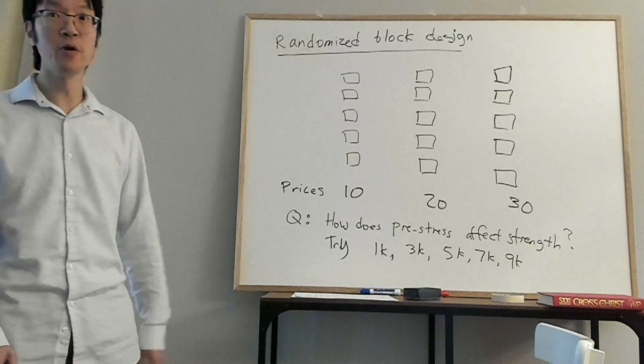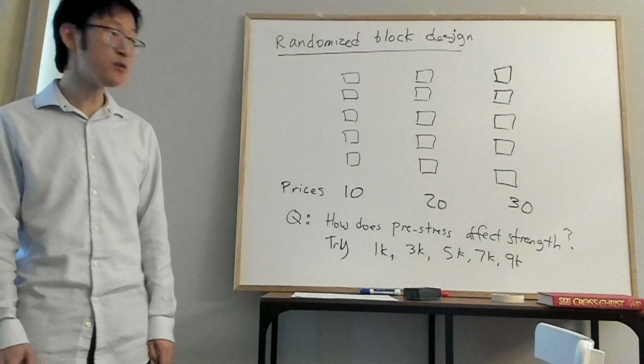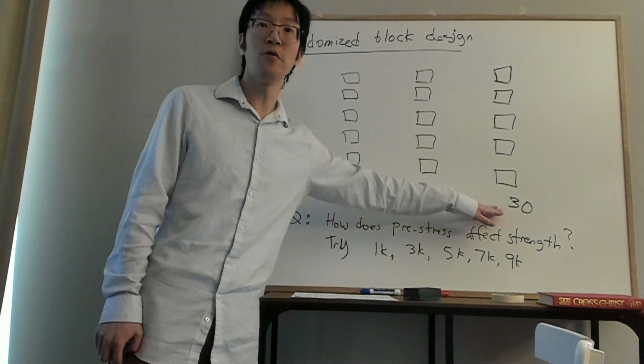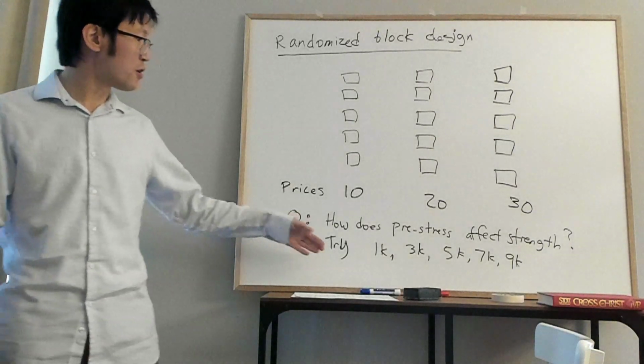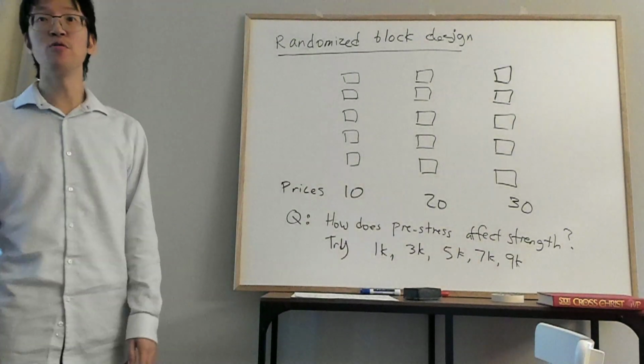Okay, so I already know there's a lot of variability in the strength among these 15 pieces. These 5 are probably going to be quite a bit weaker than these 30. So how then can I tell whether there's a difference between these 5 different loading levels? The answer is to use blocking.